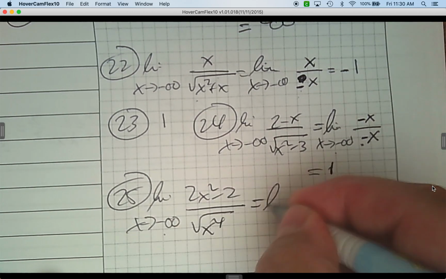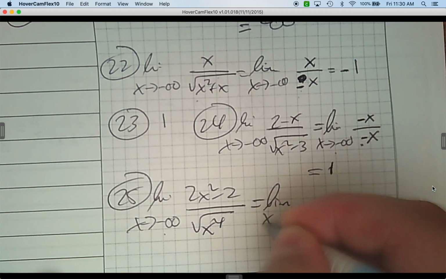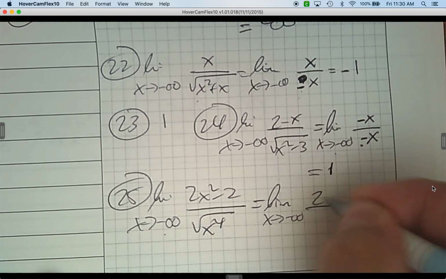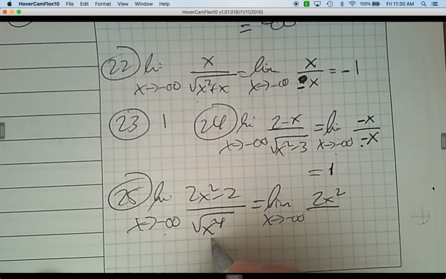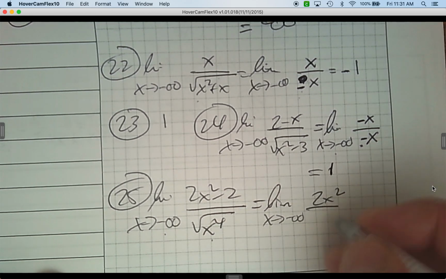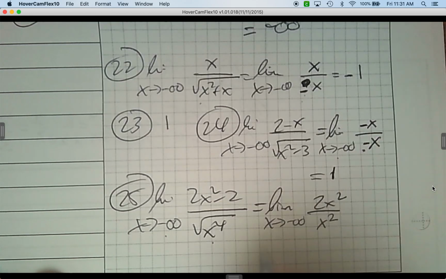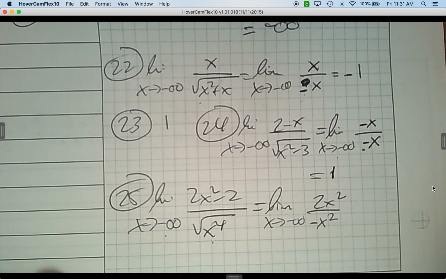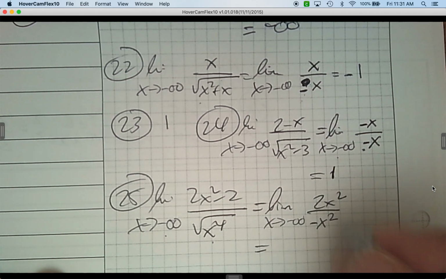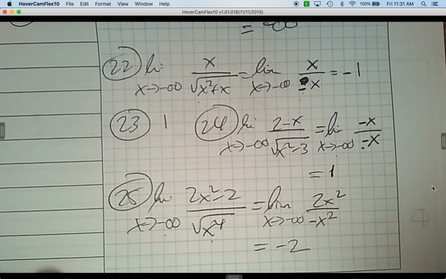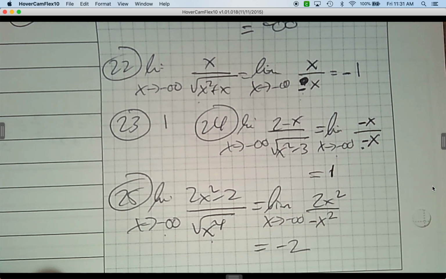So the power term in the numerator is 2x squared. In the denominator, take the square root of x to the 4th, and it's x squared, but it's going to be negative x squared because it's the left end. So when I simplify this, that's why the answer is -2. It would be +2 if it was the right end.